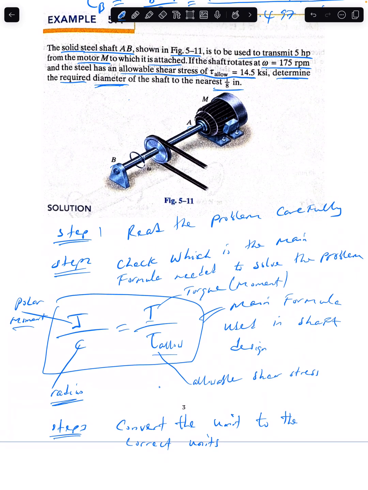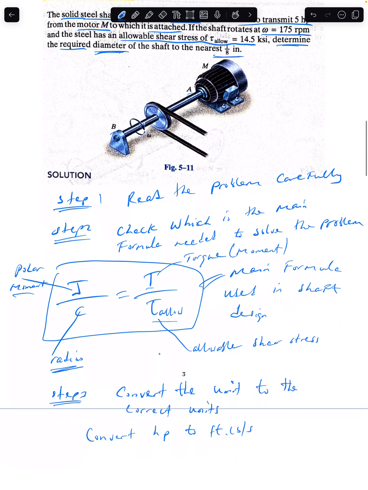I'm given 5 horsepower, but I know that I have to convert horsepower to ft pounds per second, because I need to get my diameter in inches, and I can easily convert foot pounds per second to inches. So see what I'm going to do.